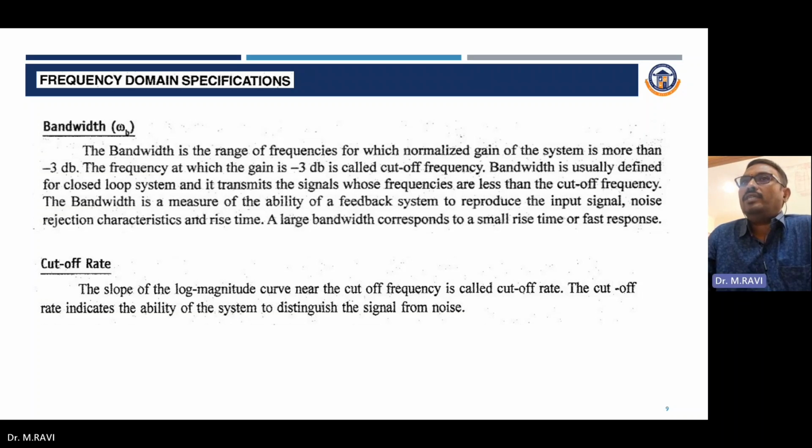The bandwidth is a measure of the ability of the feedback system to reproduce the input signal, its noise rejection characteristics, and rise time. A large bandwidth corresponds to a small rise time or fast response.